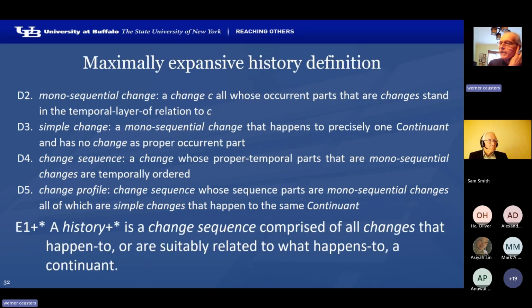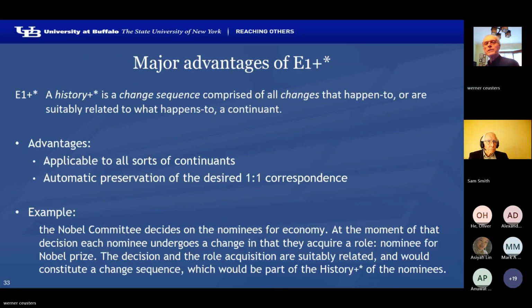So with this definition, we can then propose a maximally expansive history definition: a history plus star is a change sequence comprised of all changes that happen to or are suitably related to what happens to a continuant.